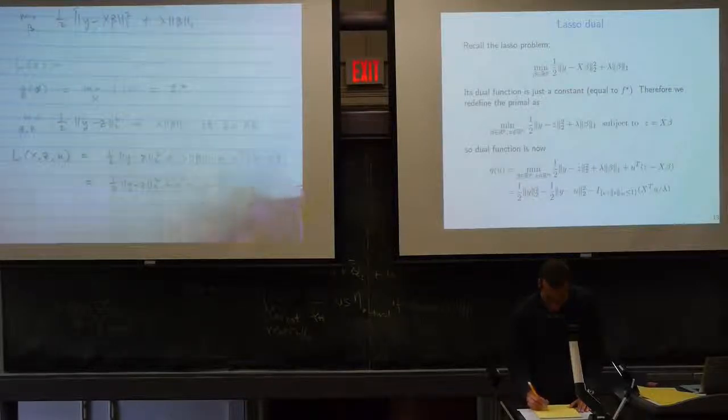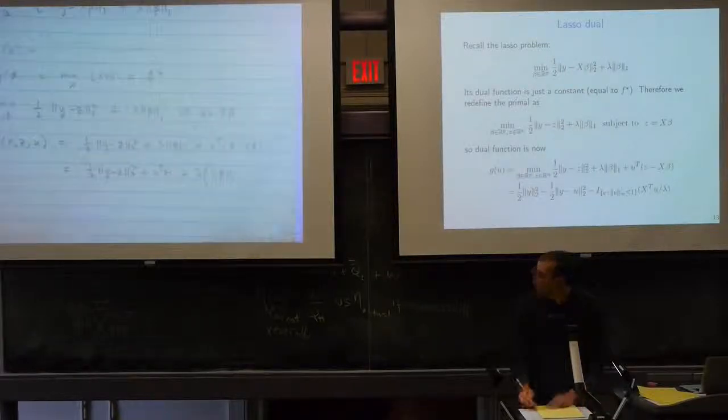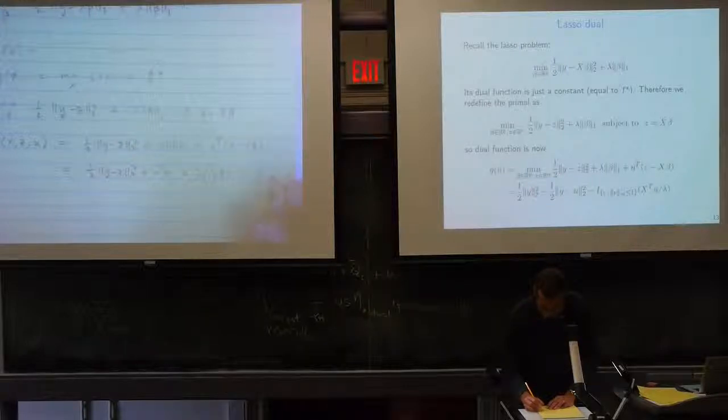And I have plus, I'll write this like this, lambda times the L1 norm of beta minus x transpose u over lambda, this whole thing transpose beta.